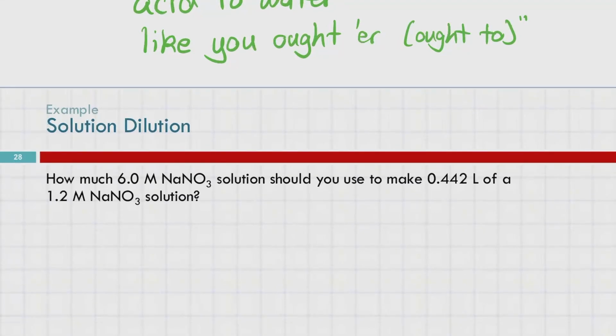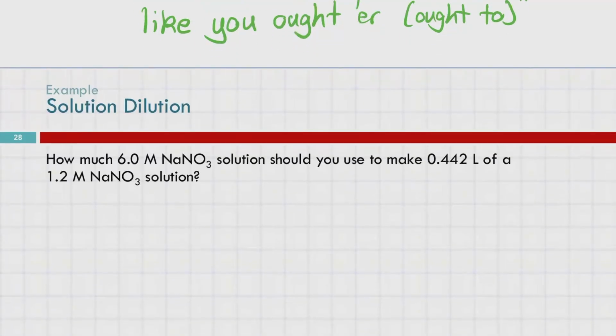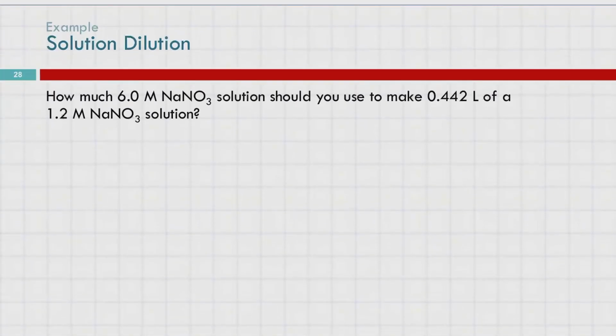All right, we're going to do a solution dilution example. We have a 6 molar NaNO3 solution, and we want to make 0.442 liters of a 1.2 molar NaNO3 solution. This is somewhat reminiscent of our simple gas laws stuff, like Boyle's law, for example. Very, very similar.